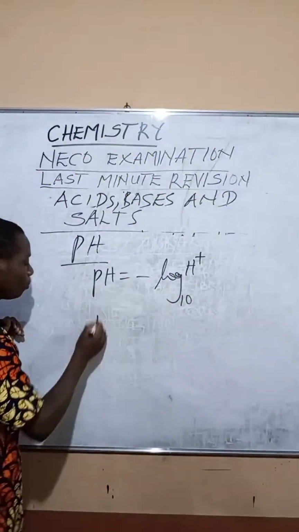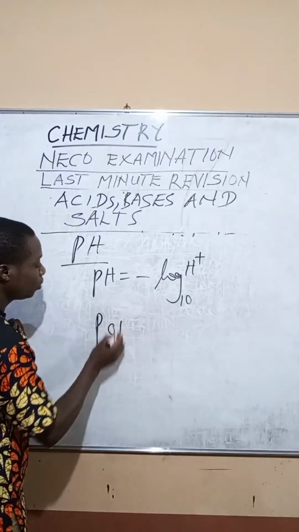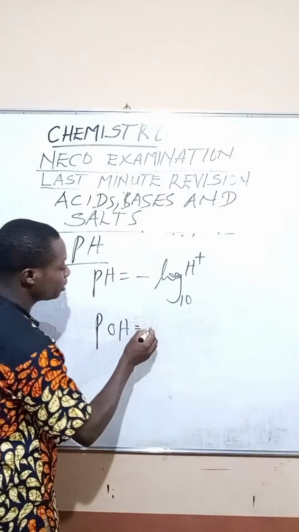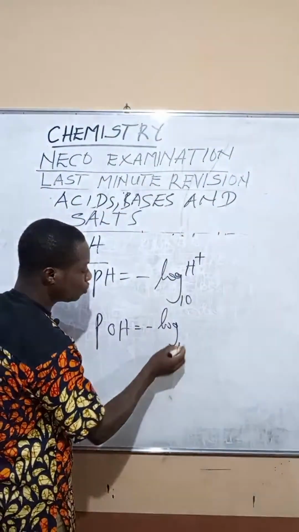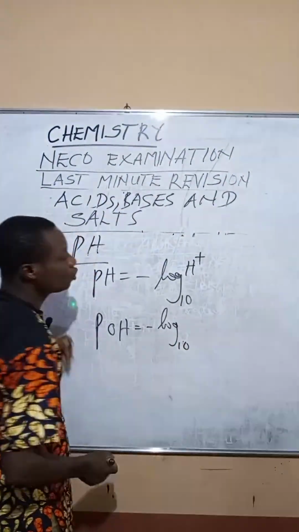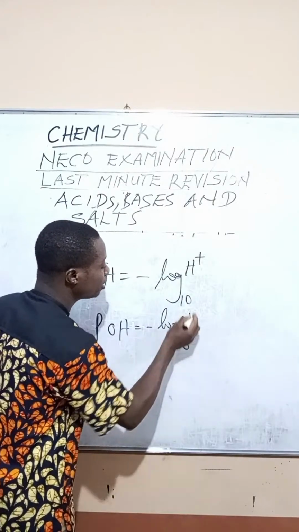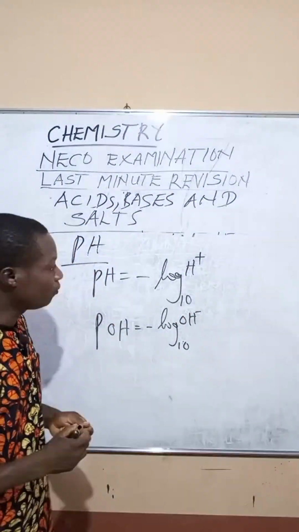Then we also have what we call pOH. pOH is also the same, but this time it is the negative logarithm to base 10 of the hydroxyl ion concentration of a solution.